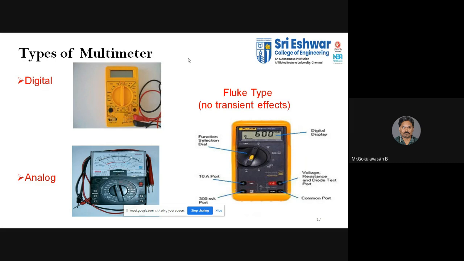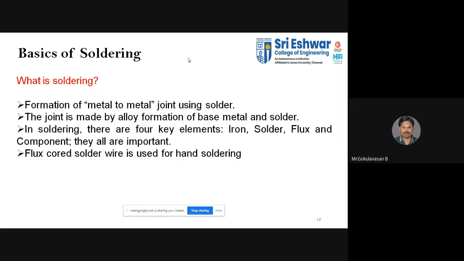So I changed the knob to capacitance, but for some microseconds the resistance value will still get displayed. That is a controversy: I need the capacitance value, but the displayed value is the resistance. That particular effect I am going to call the transient effect. That can be avoided if I go for a fluke type multimeter. That's it about multimeters.